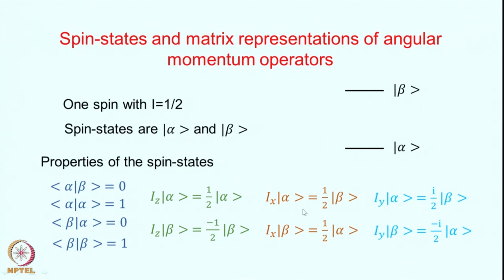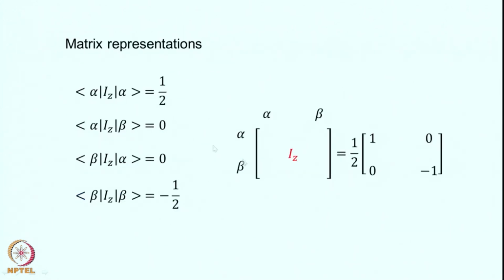Now I calculate the matrix elements of the Iz operator. The matrix elements of the Iz operator mean I have this sort of calculation to perform: Iz in the middle, with alpha here and alpha there, alpha and beta, beta and alpha, and beta and beta. These 4 elements represent a 2 by 2 matrix of the Iz operator.